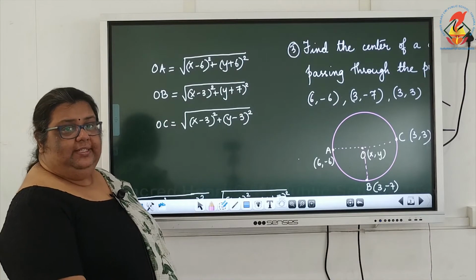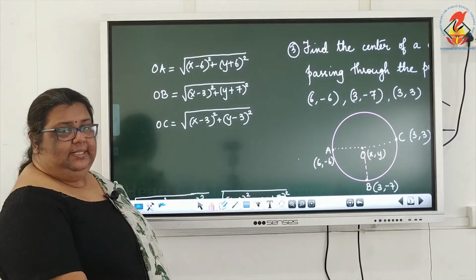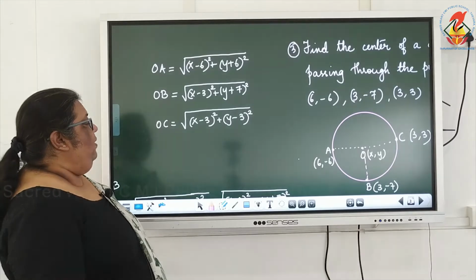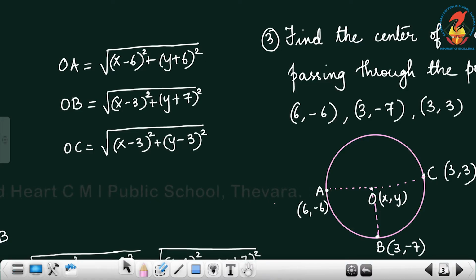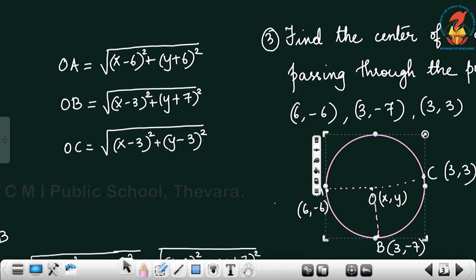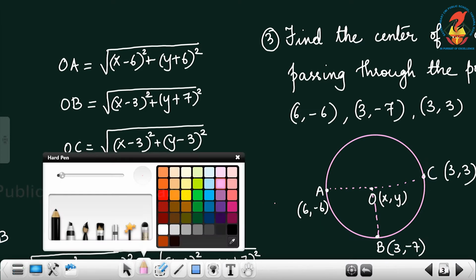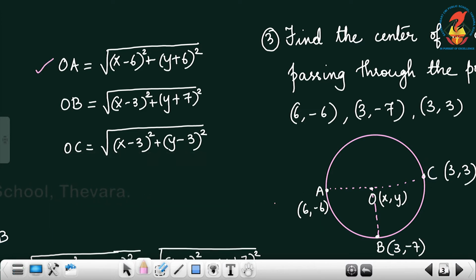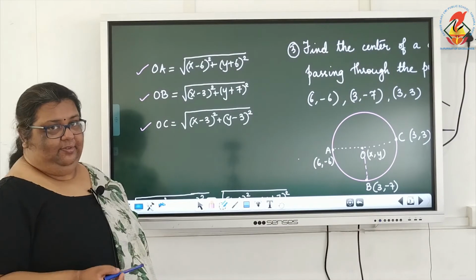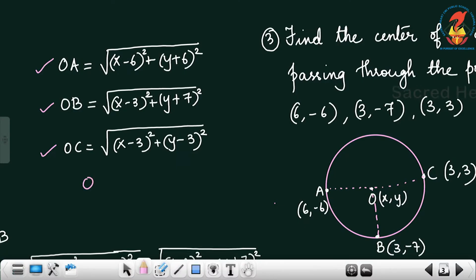Root of x1 minus x2 the whole square plus y1 minus y2 the whole square. So OA, the distance from O to A, is given as x minus 6 the whole square plus y plus 6 the whole square. Distance from O to B and O to C is also written with the help of distance formula. Since all the radii are equal, OA is equal to OB is equal to OC.